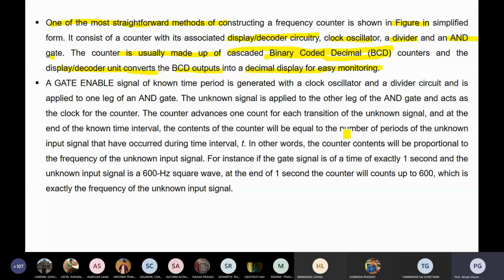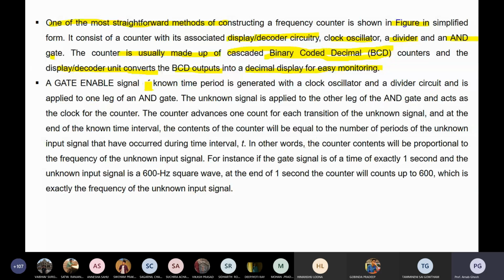The driver circuit can apply to one leg of the AND gate. The unknown signal is applied to the other leg of the AND gate and acts as a clock for the counter. The counter advances one count for each transition of the unknown signal.